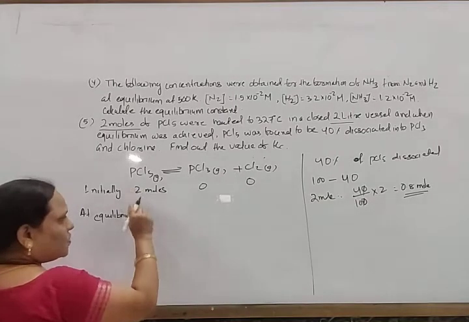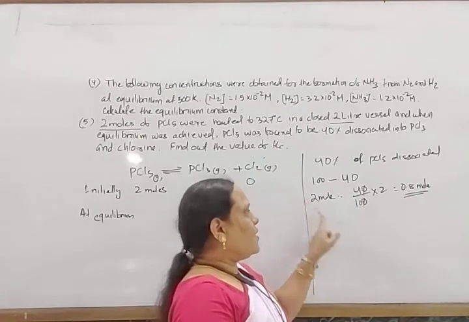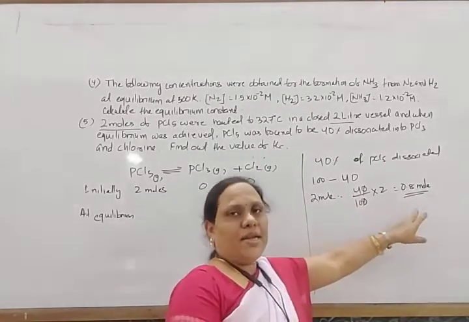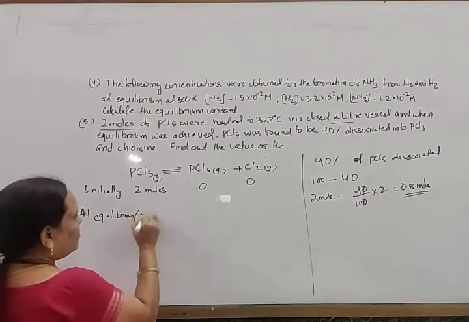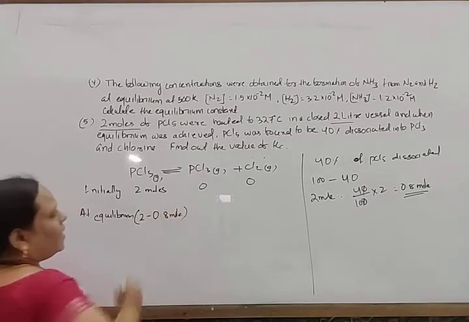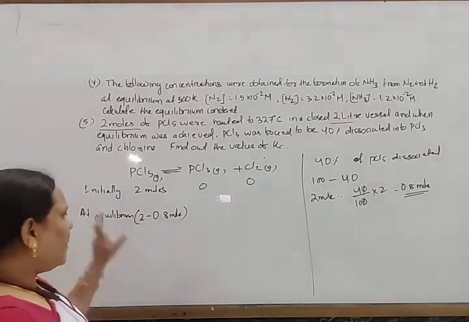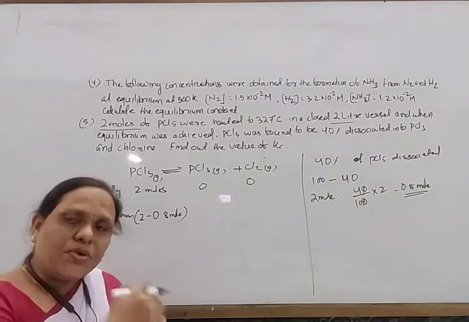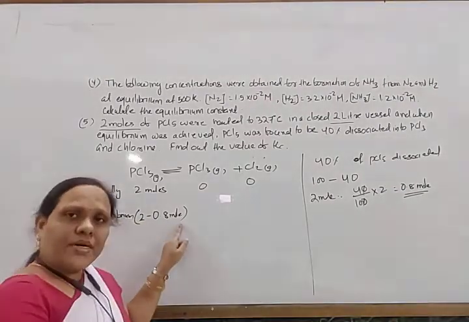Initially 2 moles are present and 0.8 mole is dissociated, so what remains is 2 minus 0.8 mole.